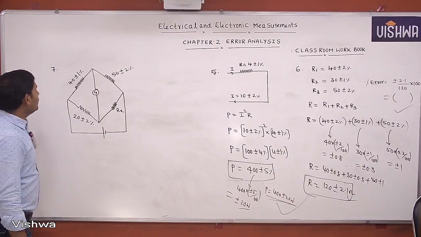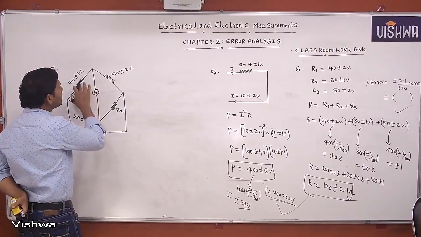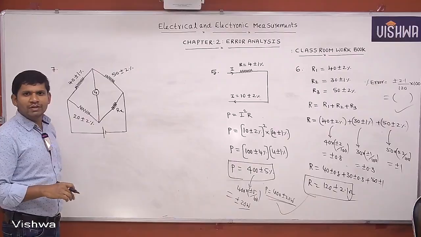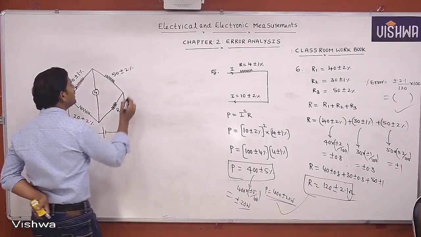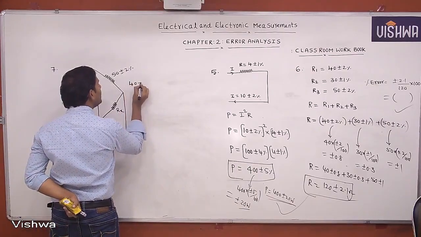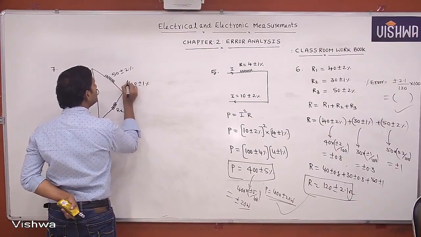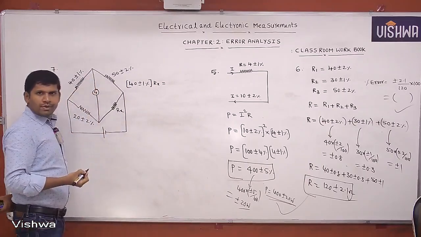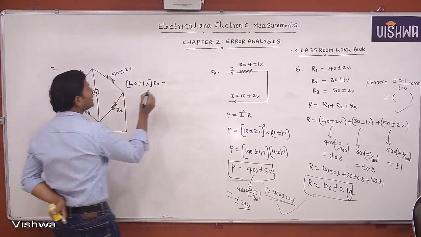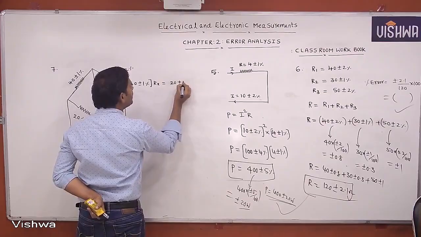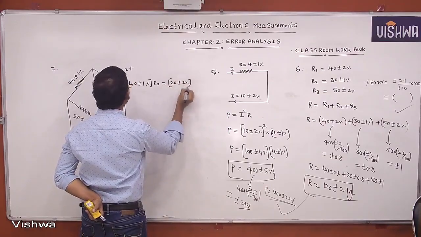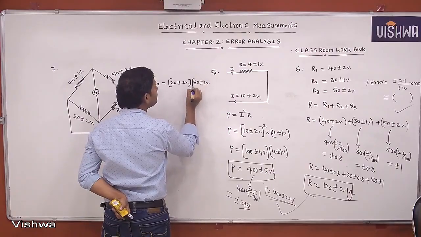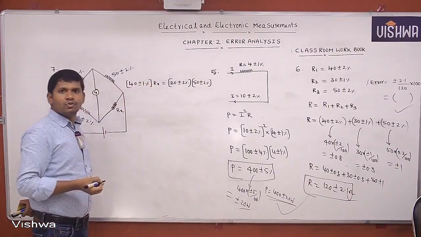At balance condition, the products of opposite resistances are equal. In detail we'll see this later in the bridge chapter. So 40 plus or minus 1% into Rx is equal to 20 plus or minus 2% into 50 plus or minus 2%.